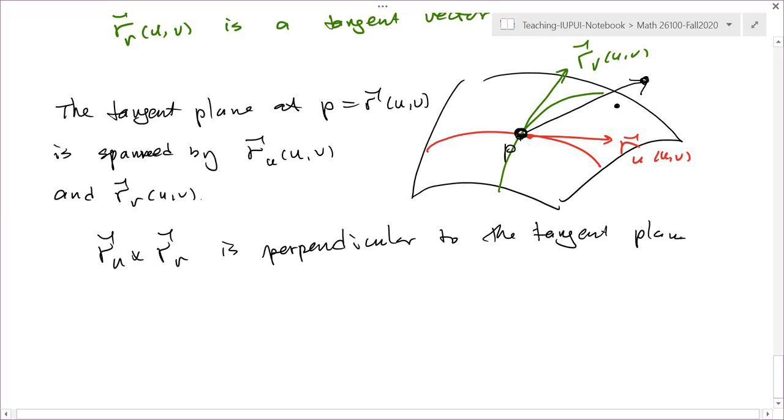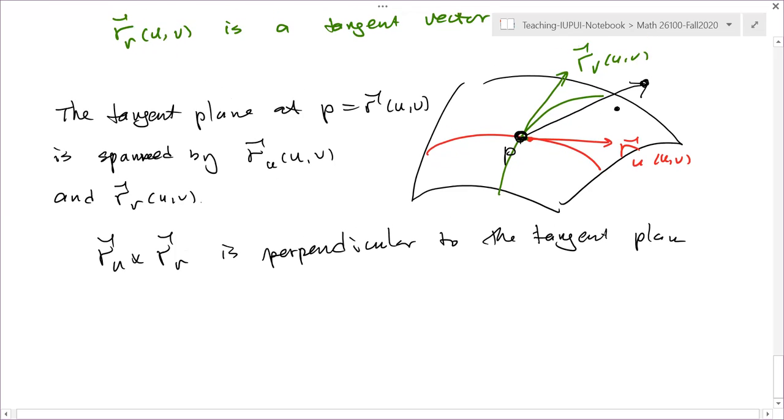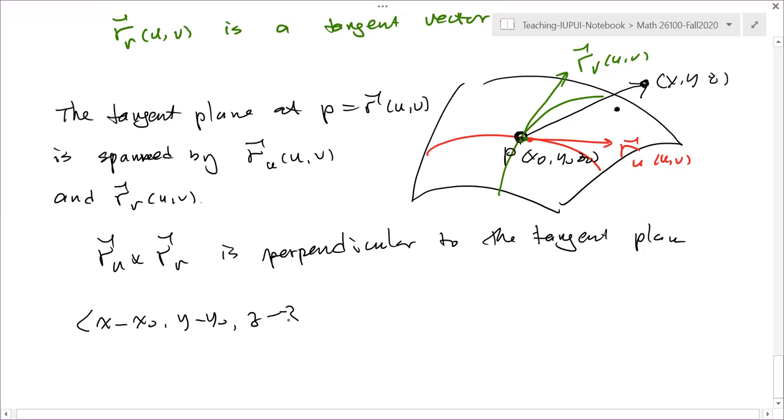So I can describe every arbitrary point on the tangent plane in the following way. If this is (x, y, z) and that point I call (x0, y0, z0), then (x minus x0, y minus y0, z minus z0) is a vector on the tangent plane.